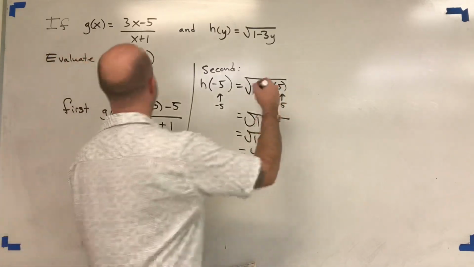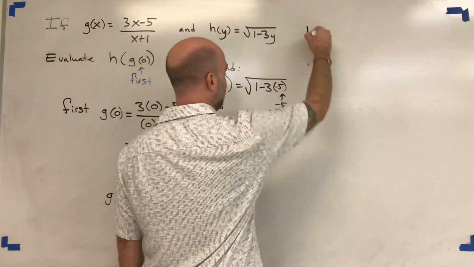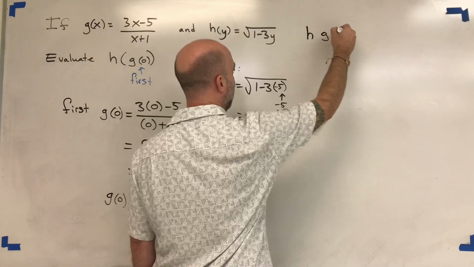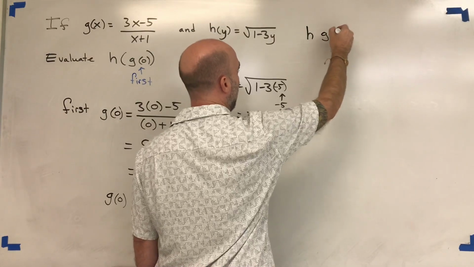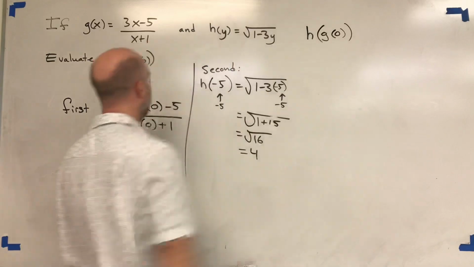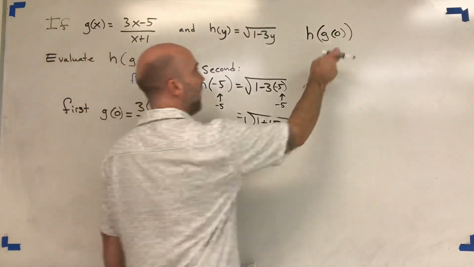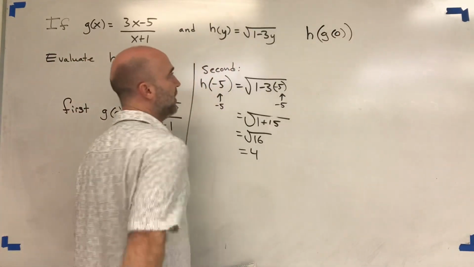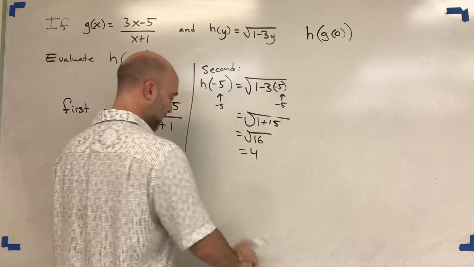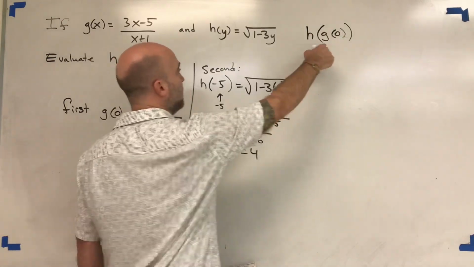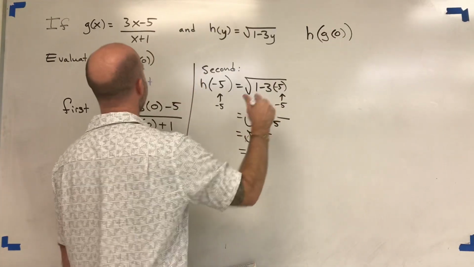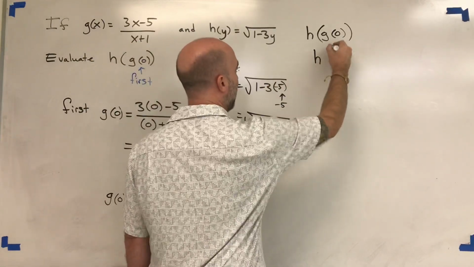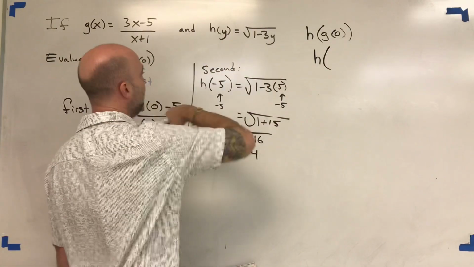So now I'm going to do h of g sub, and then I'll plug in my 0. Okay. So the h of g sub 0, so the g sub 0 right here, that would be h of, and then I just plug in that function.